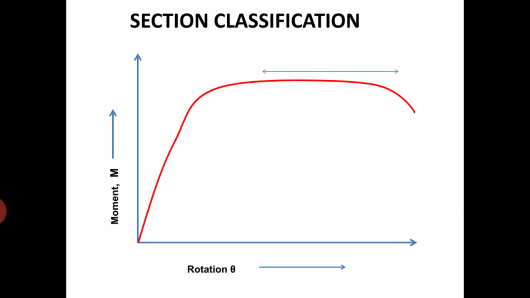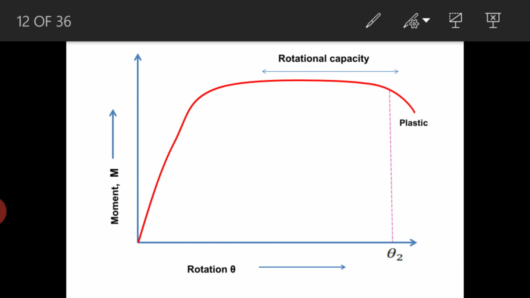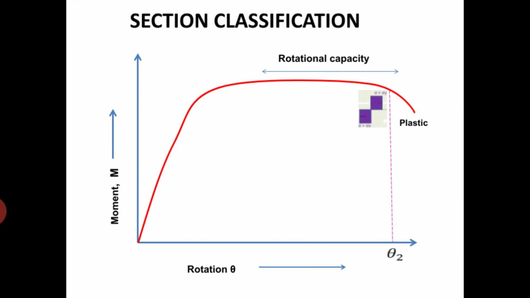And here, this section gives you a large rotational capacity, and corresponding to that rotation, what we get here is theta 2 as the rotation, and this curve represents the plastic sections. Corresponding to this, this is the stress distribution you get for the plastic sections.